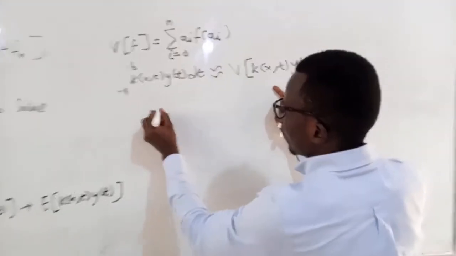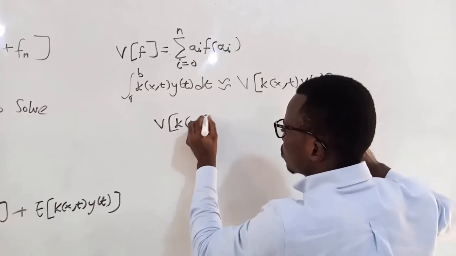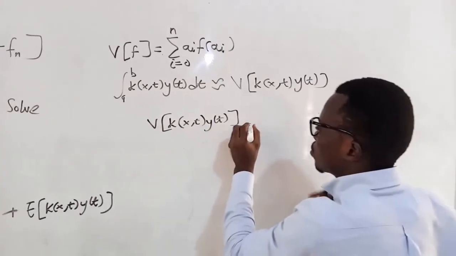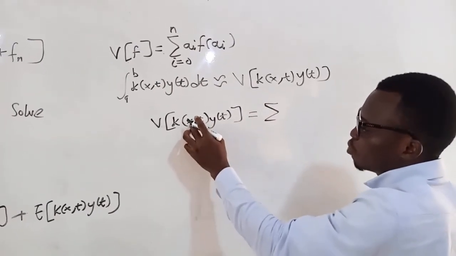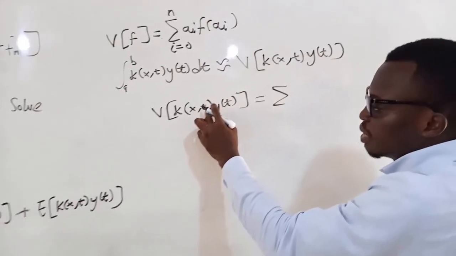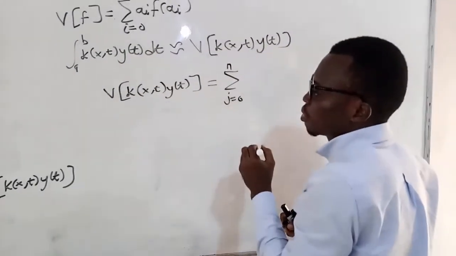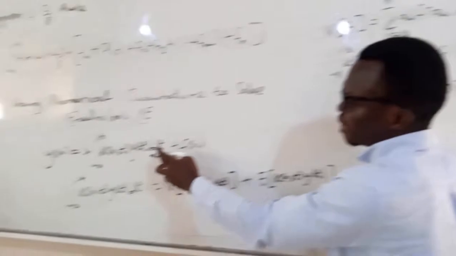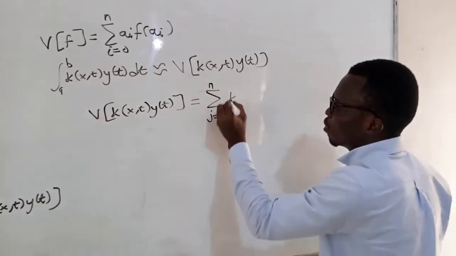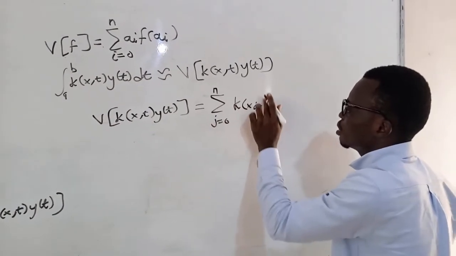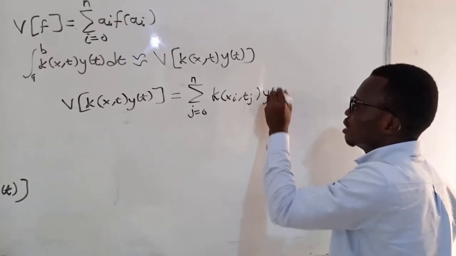From this side, you can write V of k(s,t) y(t) as the summation, and since there are two indexes, we name one here as i and give an index to this as j. So let's sum over j from 0 to n, because we are integrating with respect to t. So it becomes k(s_i, t_j) y(t_j).